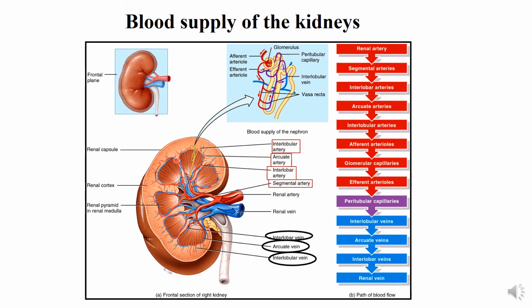The arcuate vein will form the interlobar vein, and the interlobar vein will unite to form the renal vein. And this renal vein will leave the kidney and then exit through the hilum and carry the venous blood to the inferior vena cava.